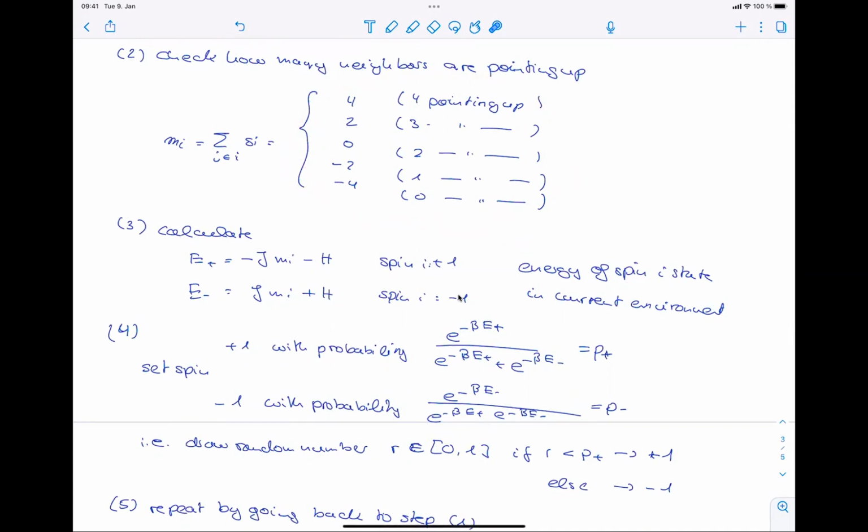So say you start with a 50% chance of putting a spin up and down, but you're at a low temperature, right? So at a low temperature, you would expect your thermalized state to be mainly aligned in either direction, and just a few fluctuations in the opposite direction, right? This is what you would expect.